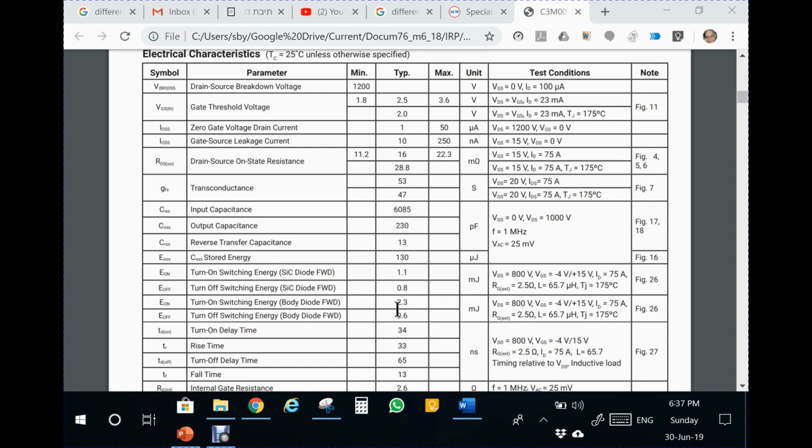And so these numbers include the fact that whenever you switch the transistor on, you dump this energy into the transistor. So this is sort of the total sum.